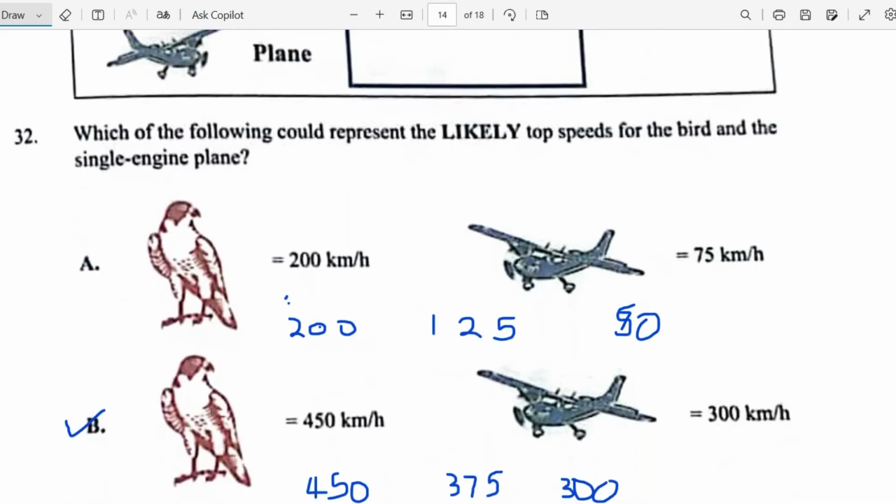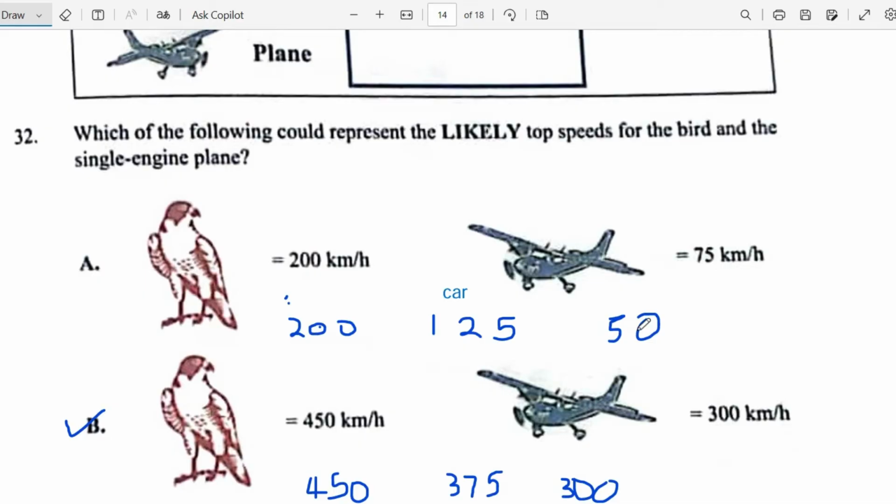And I did the working out here. So if this was the bird at 200, remember the car is 75 less, and 75 less than 200 is 125, and 75 from 125 is 50, right?